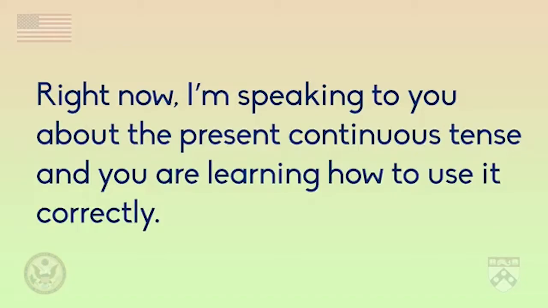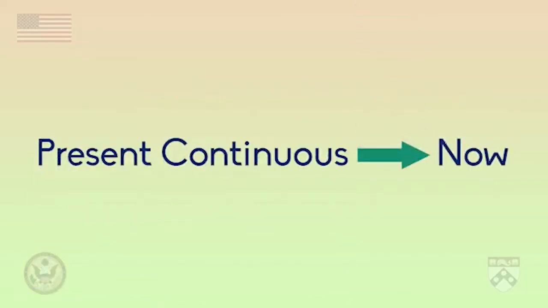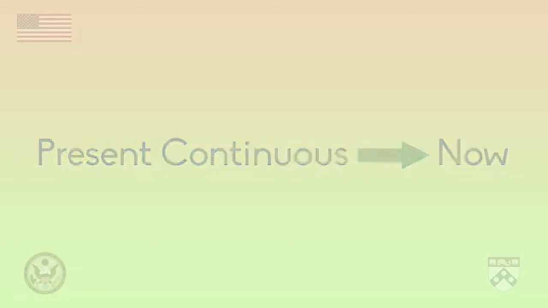Notice, in this sentence, how I use the present continuous. I'm speaking, and you are learning. I'm using the present continuous because this is something that I'm doing and you are doing right now. So, we use the present continuous to talk about an action that's happening right now.